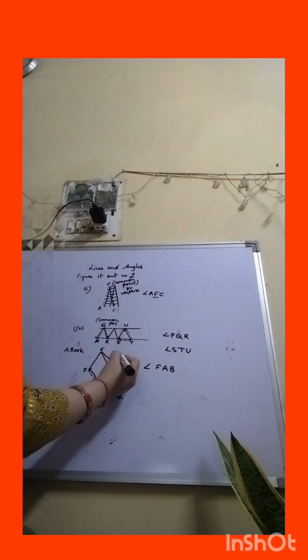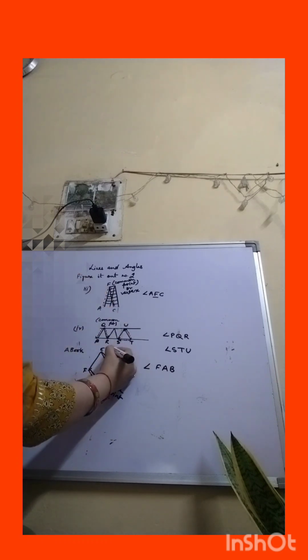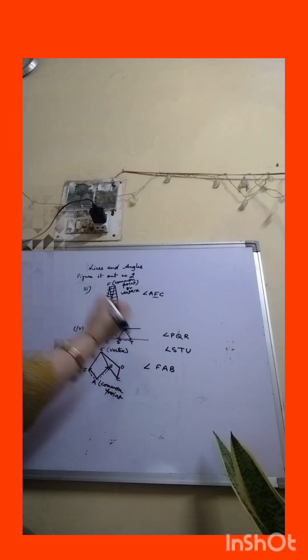If I change the vertex, you can name many angles in this case also. Suppose I take E as the vertex. Now find the rays that are going from this vertex. E has one as EF and another as EB. There is also another ray going, ED. So you can take any one ray.